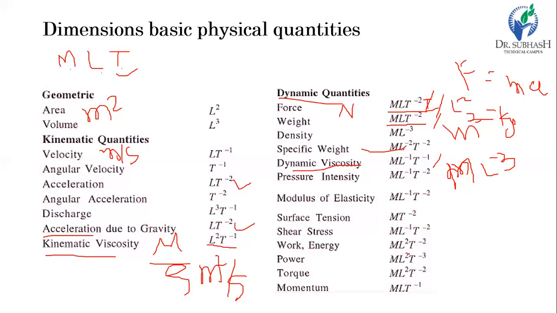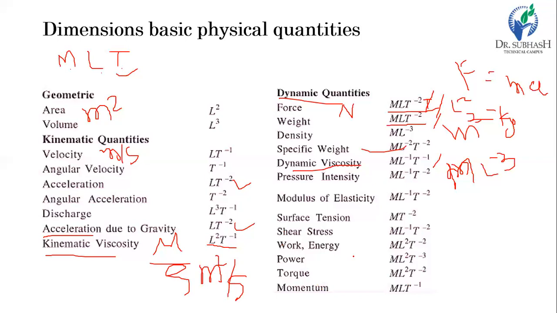But I personally advise that you do not remember all these MLT forms. Instead, try to derive from the fundamental dimension or from the unit. The same way, surface tension, shear stress, work and energy, power, torque, and momentum, we can derive the fundamental dimension. It is derived already here.